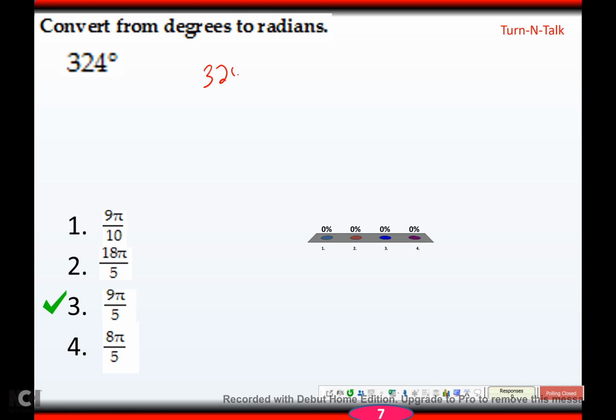Hit pause, come back when you're ready. Alright, 324 degrees. I don't want degrees, so I put degrees on bottom. I want radians on top. My conversion rate is there's pi radians in 180 degrees. The degrees cancel, and I have 324 pi all over 180. Now notice your answers are in terms of pi, so I don't want to use a calculator.